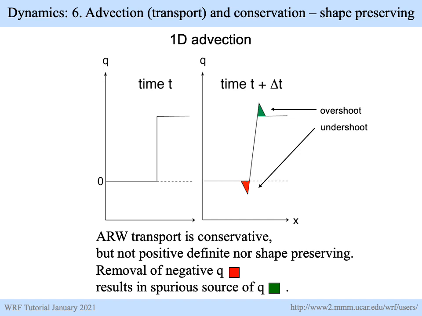So if we integrate across the domain, we're getting the same mass at both the beginning and the end of the time step. So now if you start removing negatives, you're essentially adding mass to the system, to that integral. So that's a bad thing. So what do we do in order to allow for positive definite solutions and shape preserving solutions while also maintaining our conservation? And our solution is as follows.